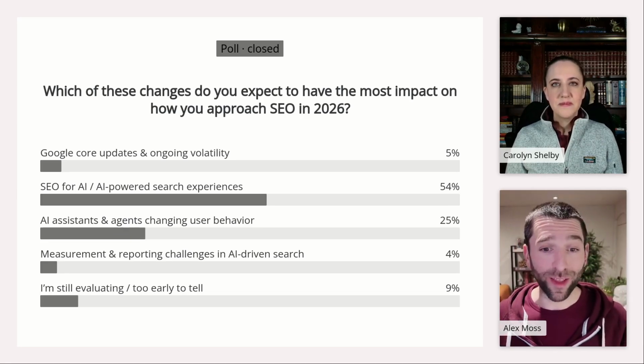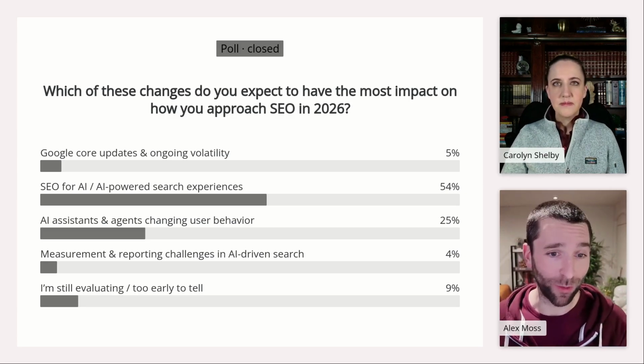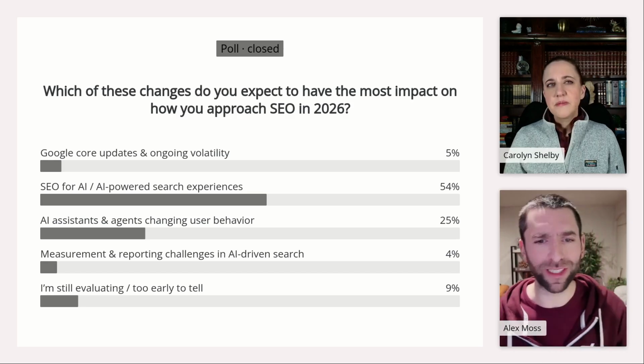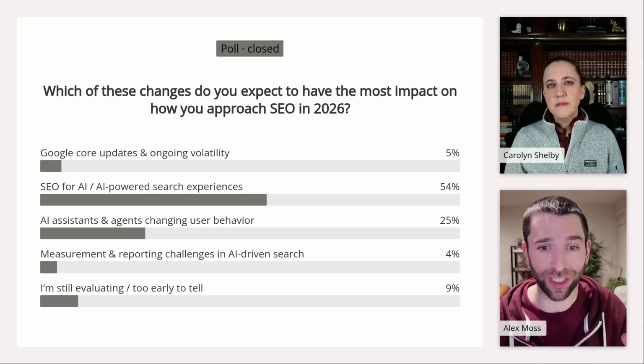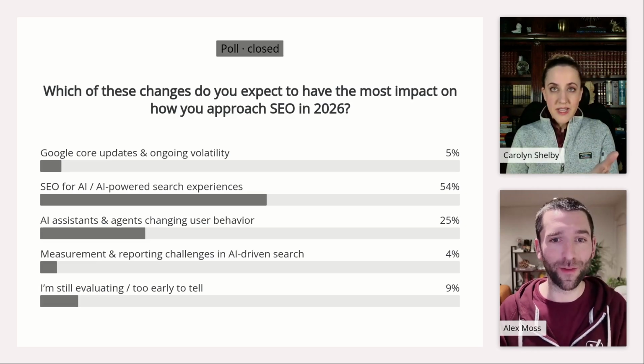For me, the thing that popped out, when I said I had my eye on one earlier, was actually the one that came in second, which was AI assistants and agents changing user behavior. Maybe that's the technical geeky thing in me, I was messing around with all the automation tools. Well, you're an early adopter.